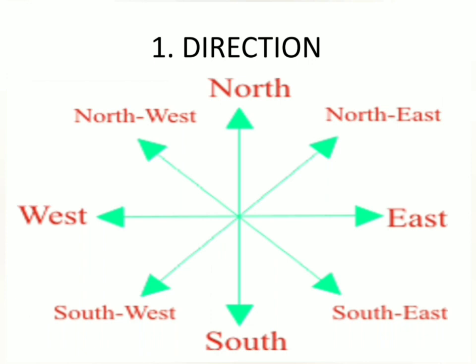In this image, we can see north, east, west and south direction. These are four main directions. Other four, northeast, northwest, southwest, southeast, are called angles. Any place in the map can be found with the help of directions and angles.